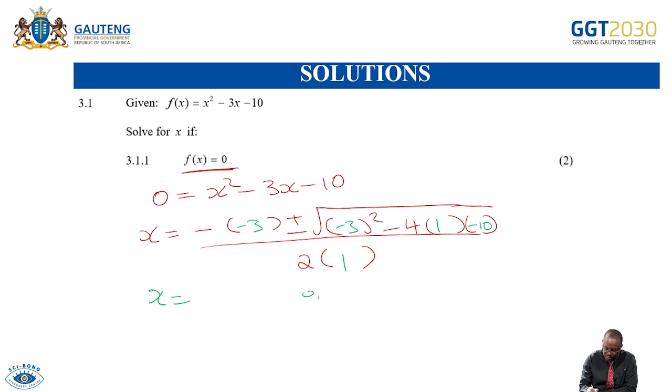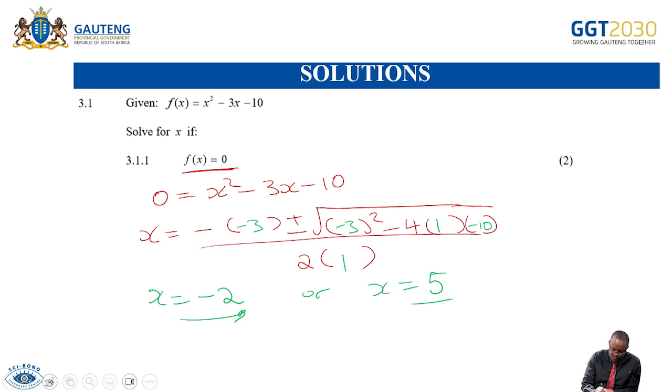So if now we go to our quadratic formula, and we substitute negative 3 and negative 3, then our a is going to be 1, then our c is going to be negative 10, all divided by 2 into 1. Then you get negative 2. Then when you change the sign now, we are getting 5. So the answers there are negative 2 and 5.